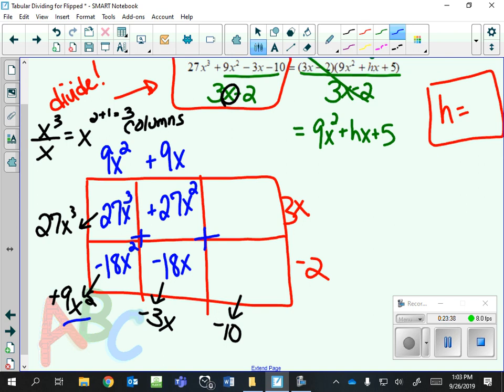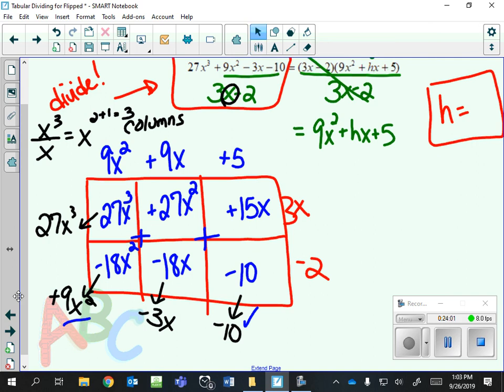This needs to add to a negative 3x. So I should have a positive 15x. Up top, I should have a positive 5 because 5 times 3x gives me 15x. Continue multiplying. 5 times negative 2, negative 10. That's my output.